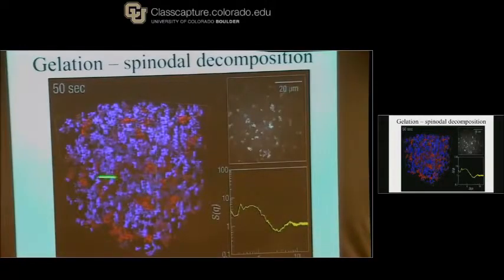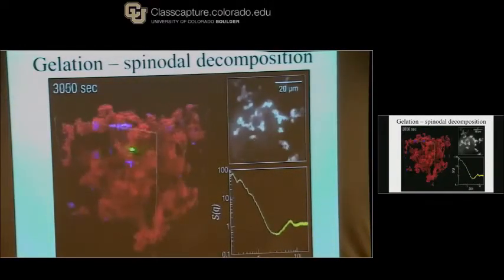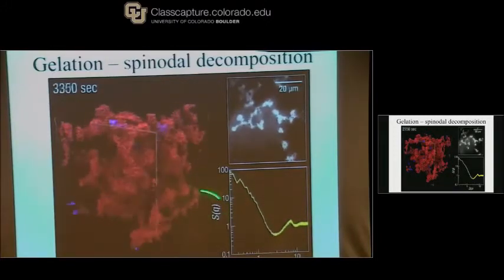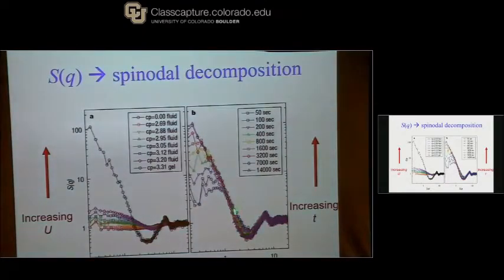If we look at the gelation as a function of time, these are the clusters. This is the growing cluster. This is the static structure factor. This is just scattering from this. Why I show that is, if you look at it, it looks exactly like this. This static structure factor, if you want to interpret it, is exactly the same static structure factor as spinodal decomposition.